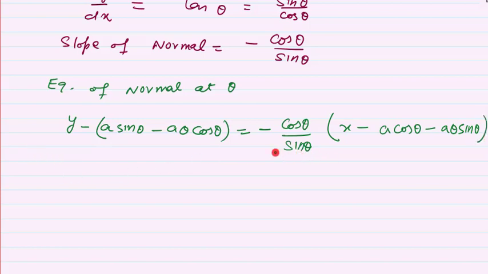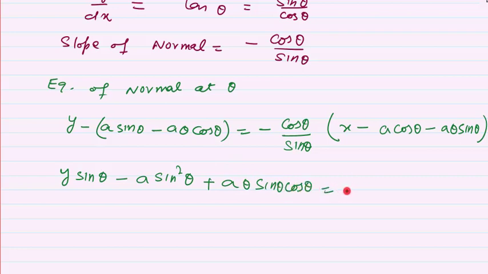So multiplying by sin theta, or we are applying cross multiplication, it is y sin theta minus a sin square theta plus, due to this minus sign changing to plus, a theta sin theta cos theta is equal to minus x cos theta plus a cos square theta and plus a theta sin theta cos theta. I've just multiplied the things.